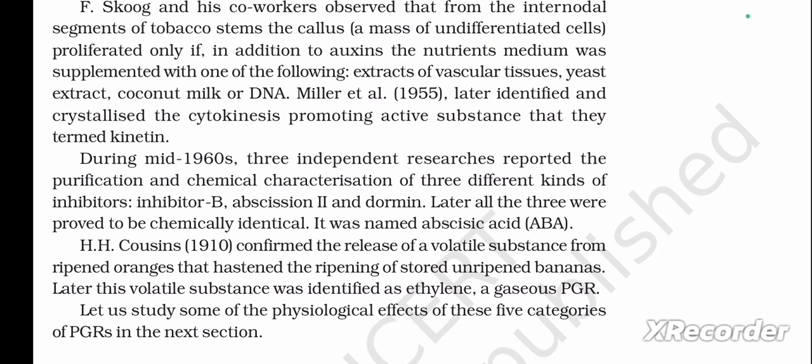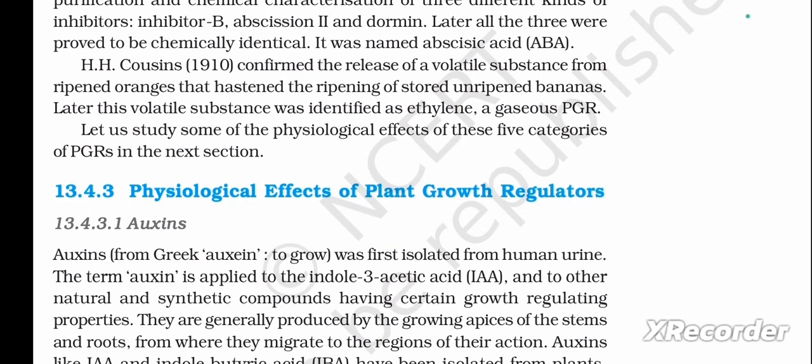H. H. Cousins in 1910 confirmed the release of a volatile substance from ripened oranges that hastened the ripening of stored unripened bananas. Later, this volatile substance was identified as ethylene, a gaseous PGR. Let us study some of the physiological effects of these five categories of PGRs in the next section.